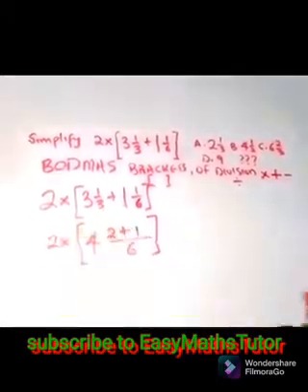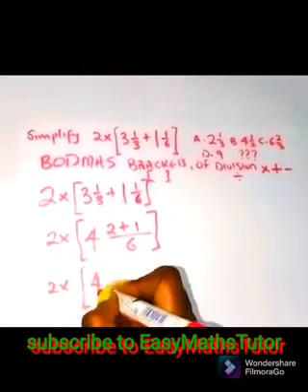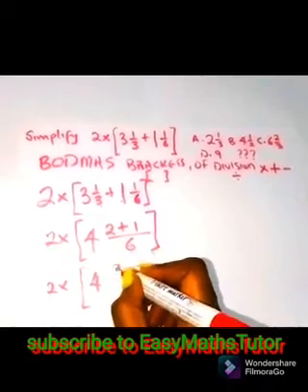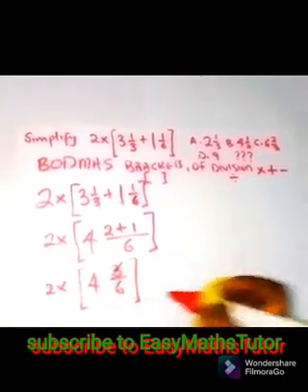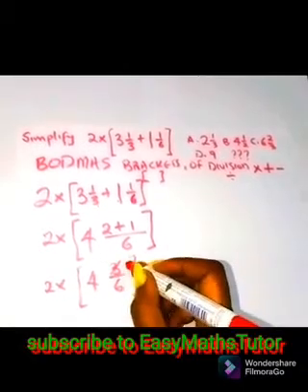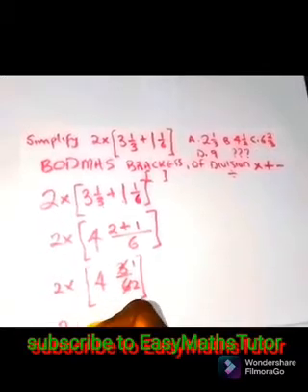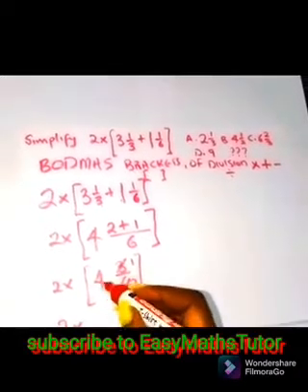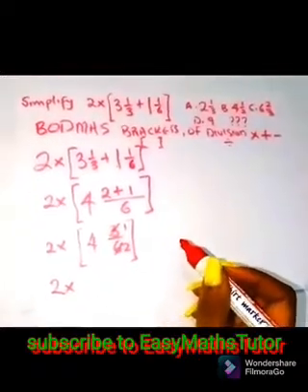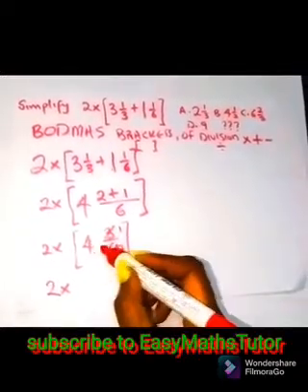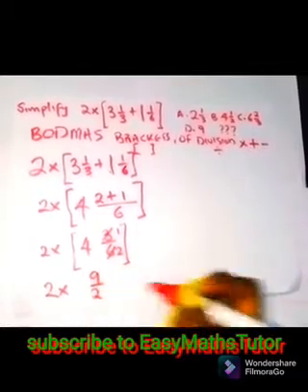So our bracket will now become 4 whole number 3 all over 6. Right? So 3 over 6 is also half. So we'll say 2 times 4 whole number 1 over 2. We'll convert it to our improper fraction. So that will be 4 times 2 plus 1, which is 9 all over 2.